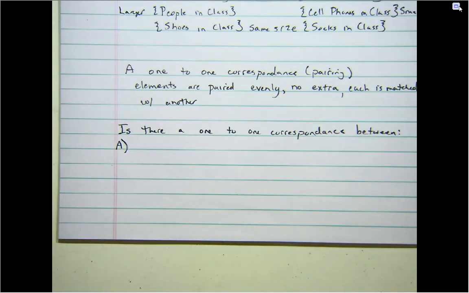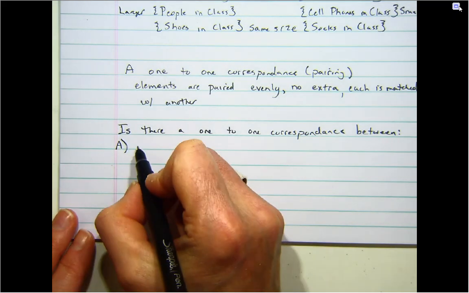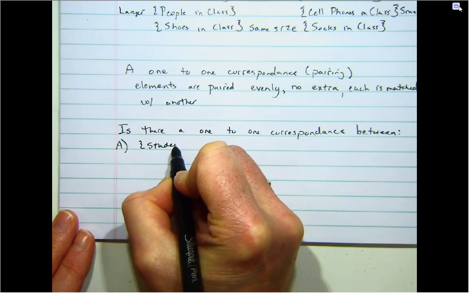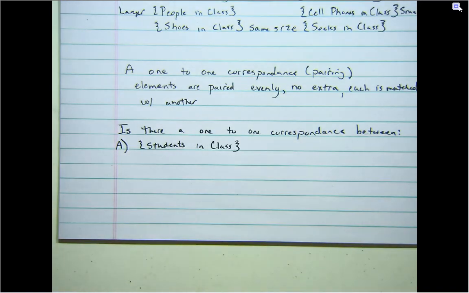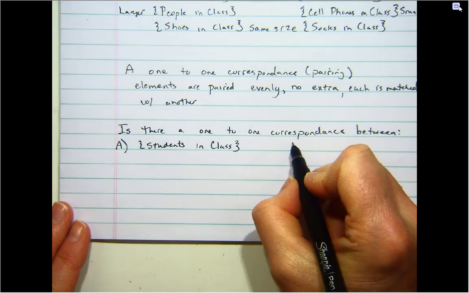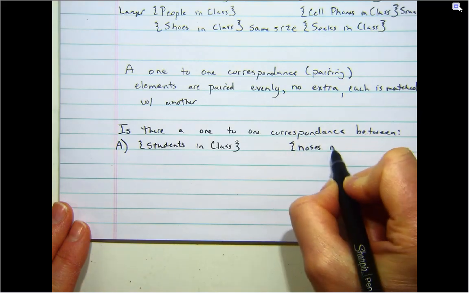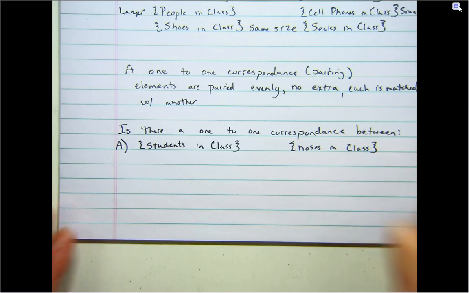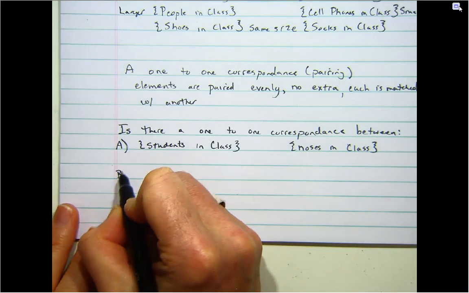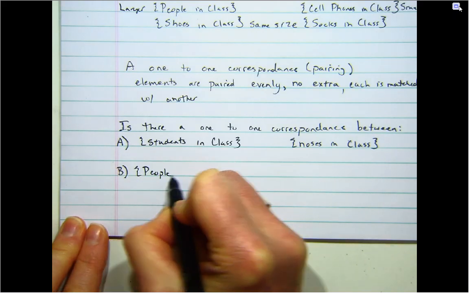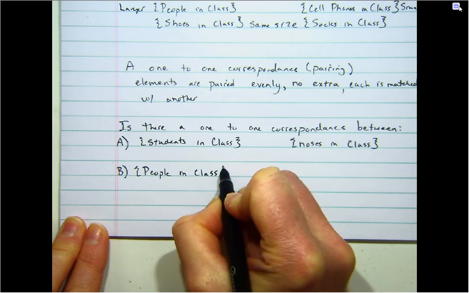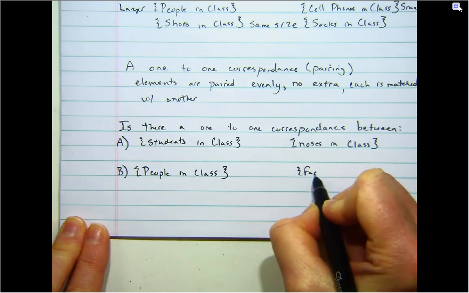So the first question: one set will be the students in the classroom, and one set will be noses in the classroom. I'll give you a couple of these to look at. Another one will be people in this classroom and faces in the classroom.